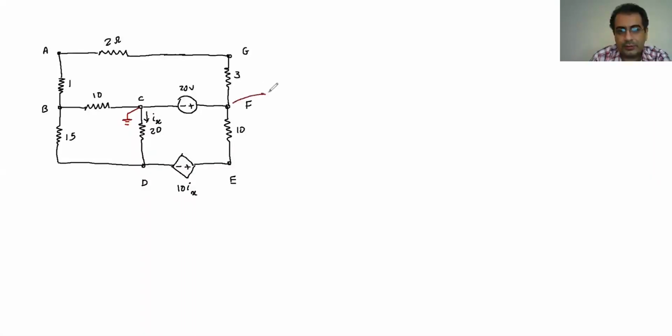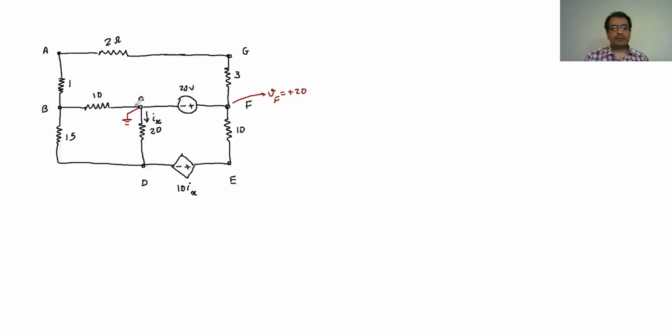So I already know that the VF is going to be equal to 20. And because it's connected to positive side, it's going to be positive 20. Because one end of the battery is connected to the reference, the voltage at the other end is equal to the voltage of the battery, and because it's connected to positive, it's going to be positive. If it was connected to the other side, it would be negative 20.